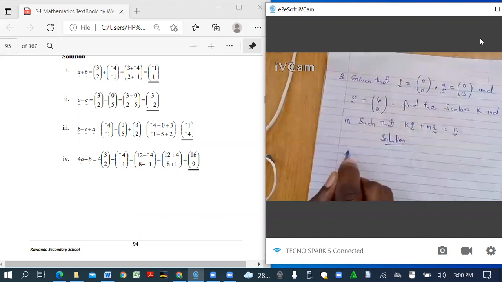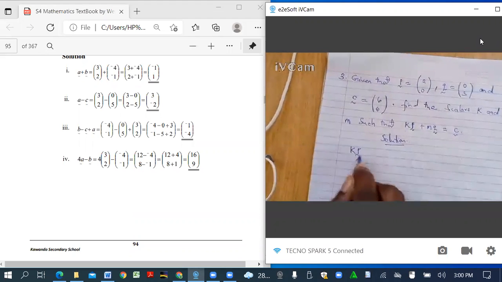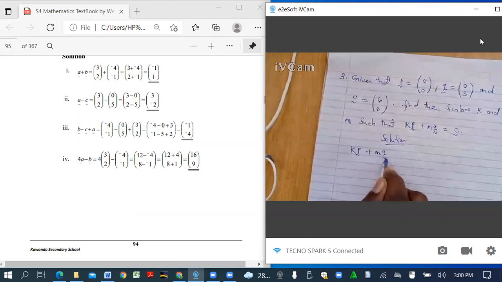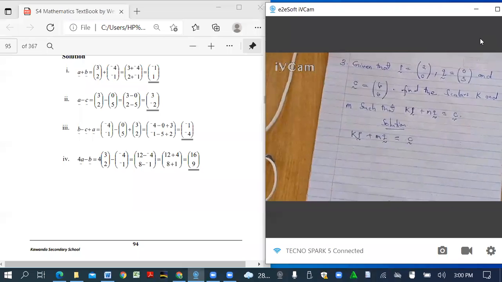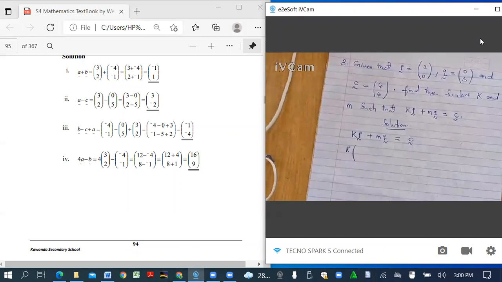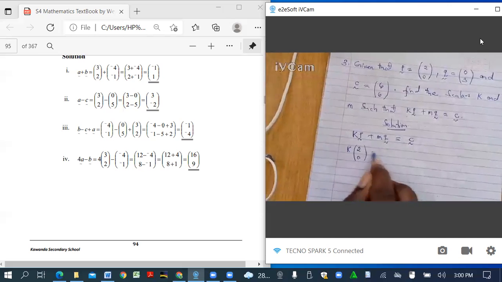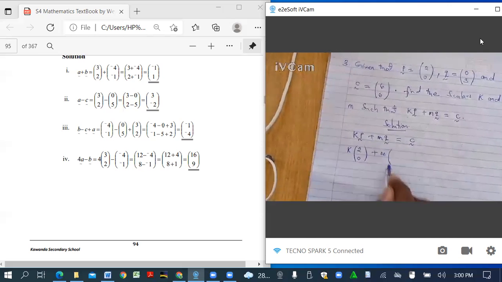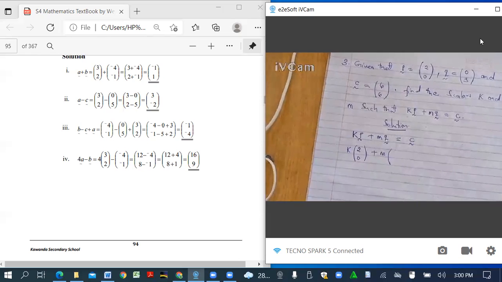So we have KP plus MQ equals to vector C. When you substitute, we shall have K into, in natural, what is our vector P? 2 and 0, plus M, what is our vector Q? Bernard, what is vector Q?